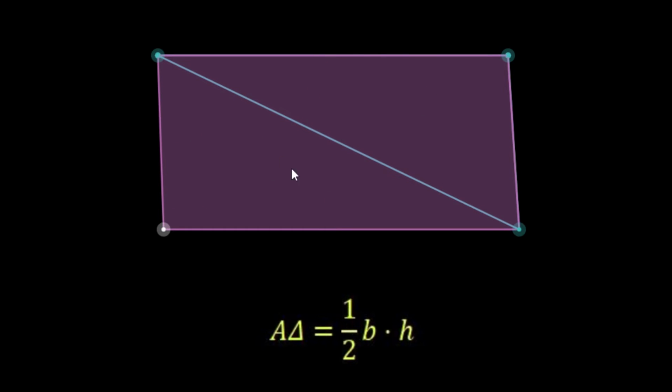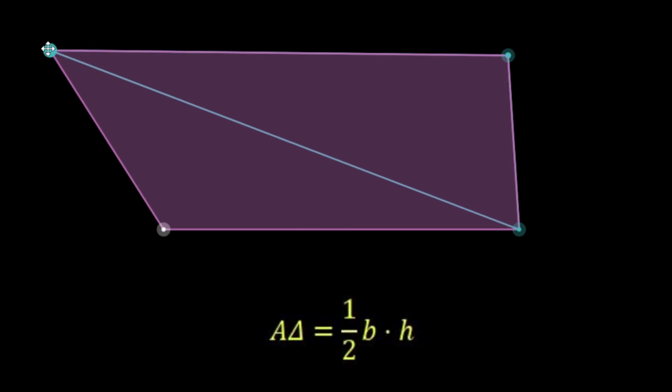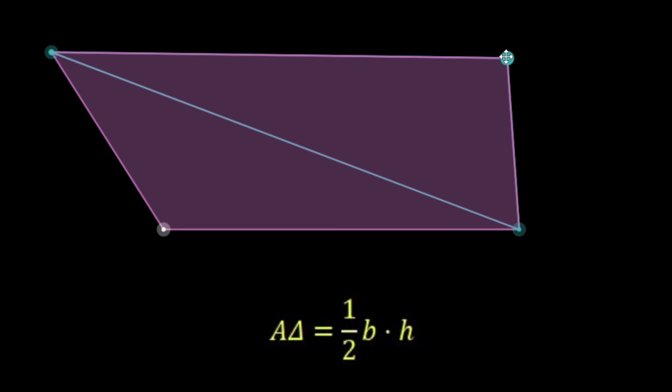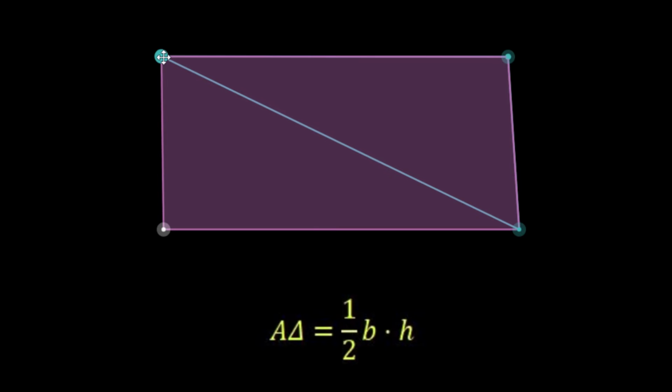So the area of this rectangle here is exactly the same as the area of the parallelogram. So irrespective of what triangle we generate, the area is always going to be given by a half base times height.